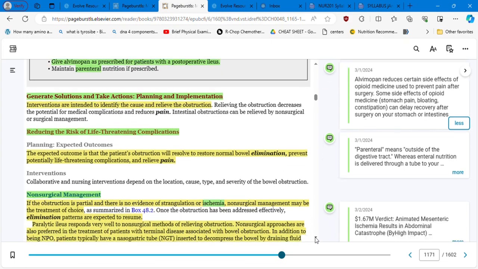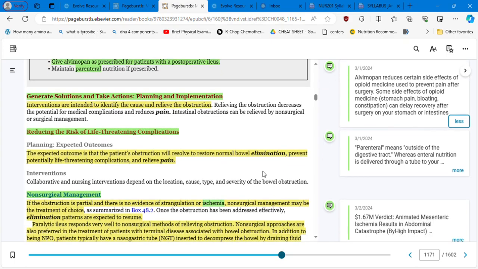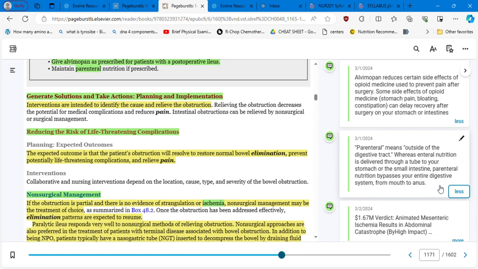Parenteral nutrition. Okay, I'm going to make a parenthesis here. This is a scary story. Let me go first to the definition. Parenteral means outside of the digestive tract, whereas enteral nutrition is delivered through a tube to your stomach or the small intestine.